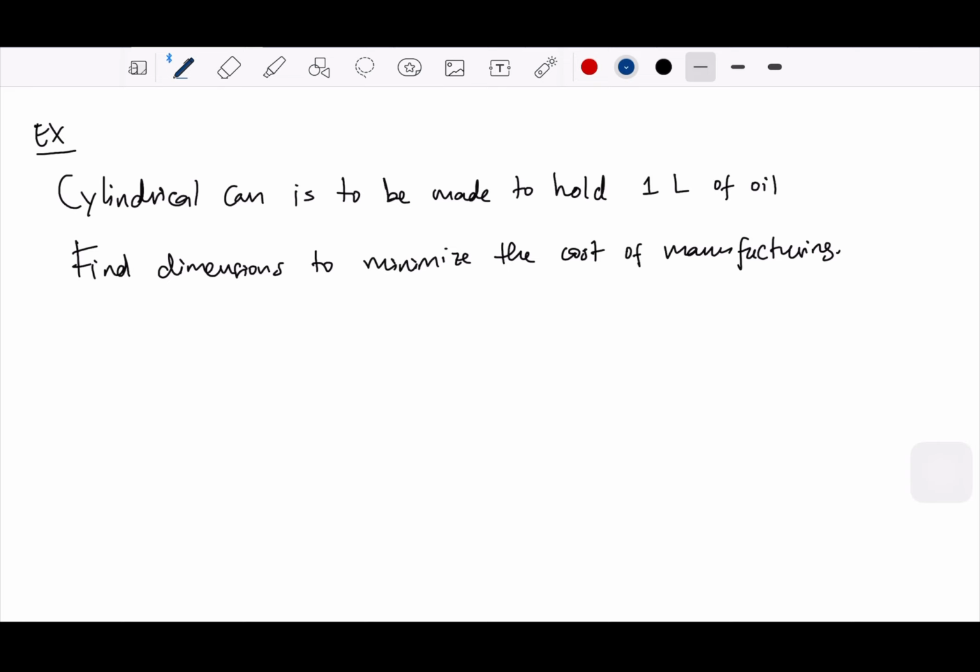So we have 1 liter, at least that's the constraint that we have. So, cylindrical, let me just draw some illustration for this can. At least we need to correlate the height and the radius for the base.